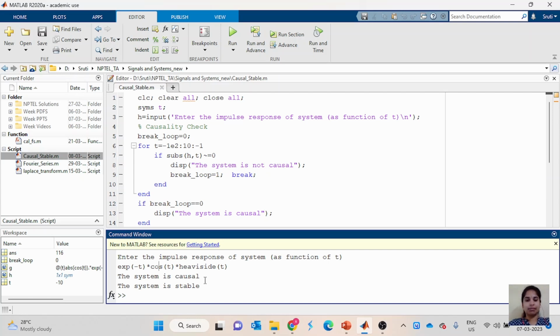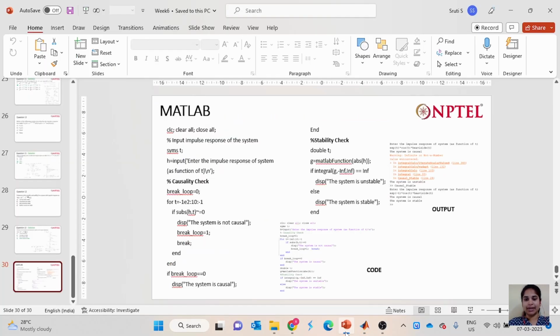This is the power of MATLAB or even Octave; both are almost one and the same. This code, in PPT format, will be shared with you on the NPTEL website. You can copy and paste this function in Octave or MATLAB and try different impulse responses. You will be getting the answer.